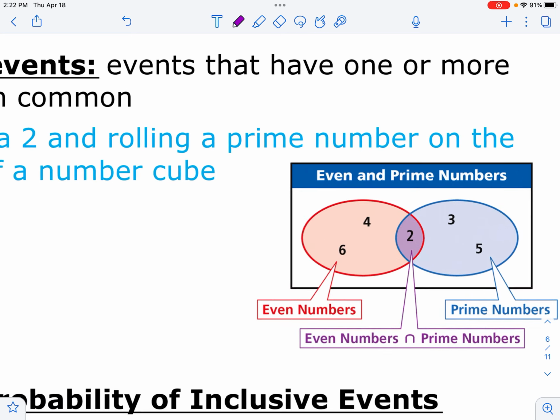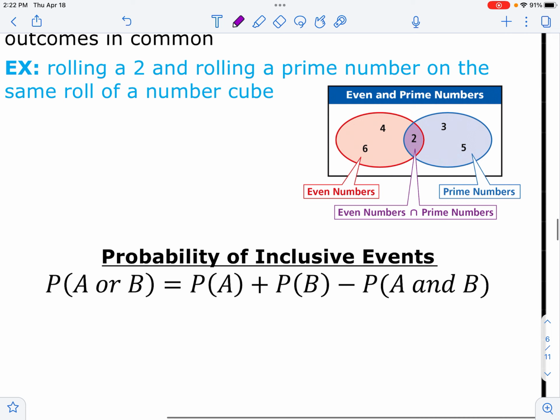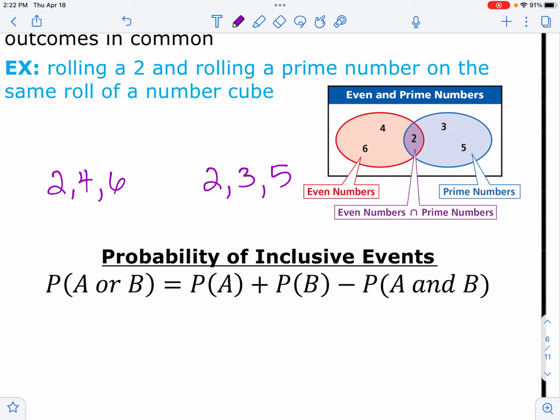So here, even and prime, if I was going to say what's the probability of getting an even or a prime number, well, even numbers would be 2, 4, and 6, right? Prime numbers are 2, 3, and 5. Okay, so now if I just added those up, you'll notice that I'd be double counting 2.